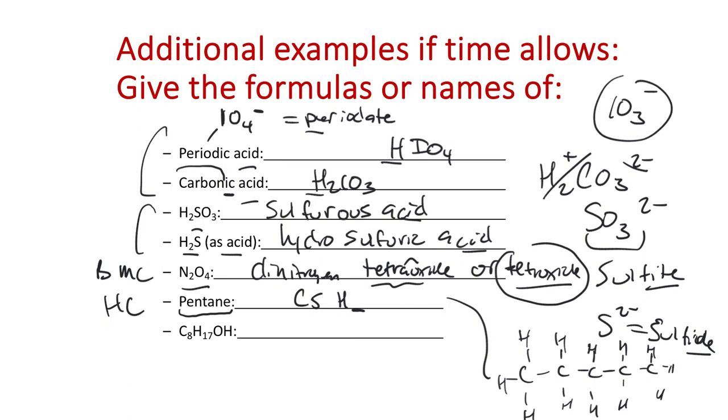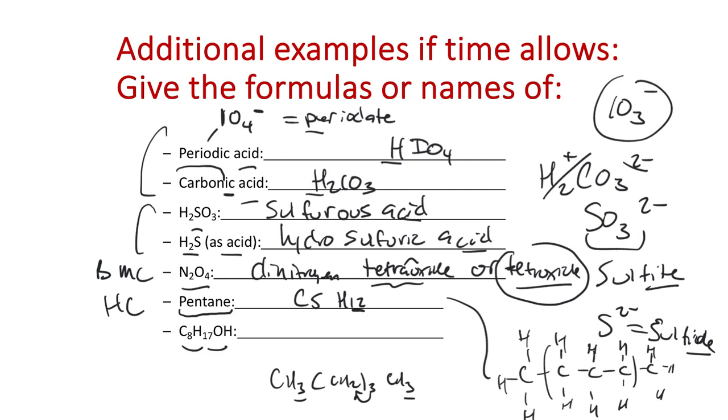Make sure I have the right count of carbons, so 5 carbons. I could also write this CH3, (CH2)3, CH3, summarizing with the CH2s in the middle. If I add up all the hydrogens, I get 6 plus 6, so it should be 12 hydrogens in pentane.